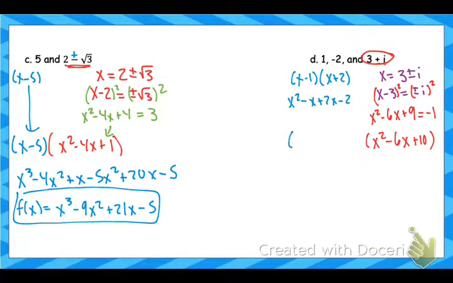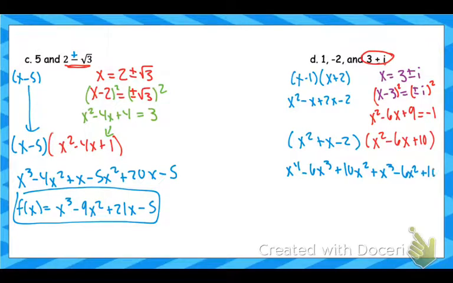So that gives me x squared plus x minus 2. So now I've got two trinomials. I just got to multiply them out together. So I get x to the 4th minus 6x cubed plus 10x squared plus x cubed minus 6x squared plus 10x minus 2x squared plus 12x minus 20.